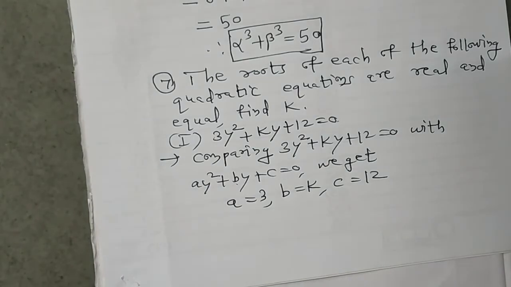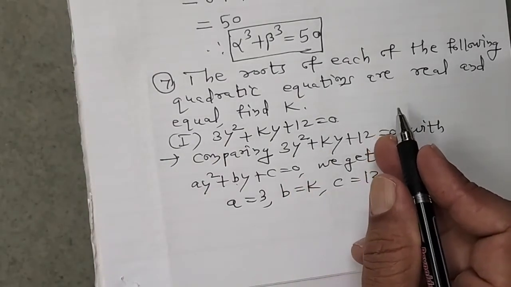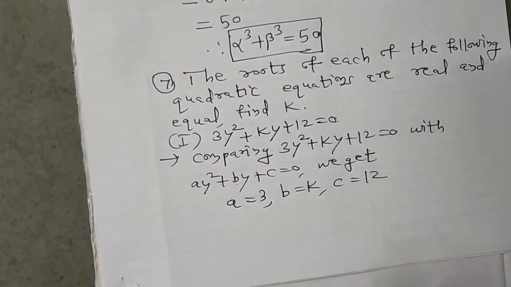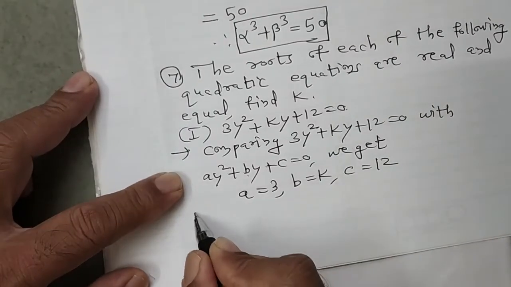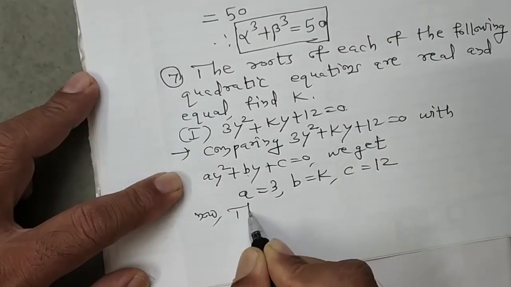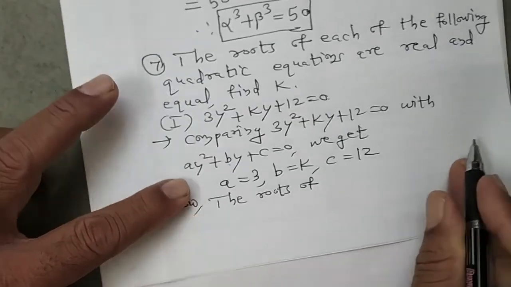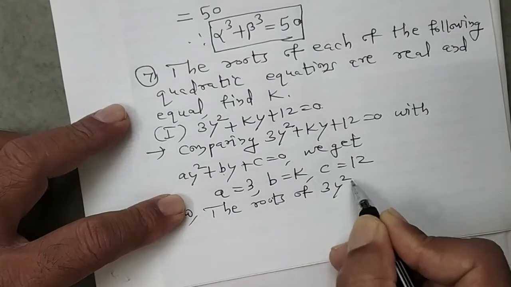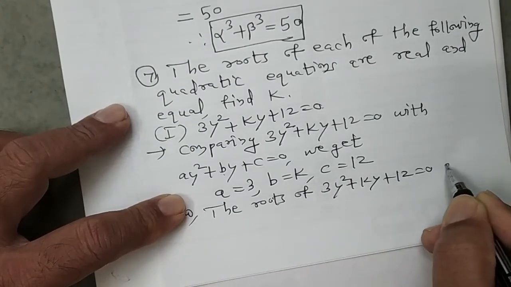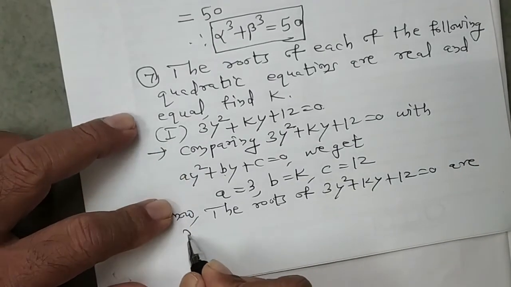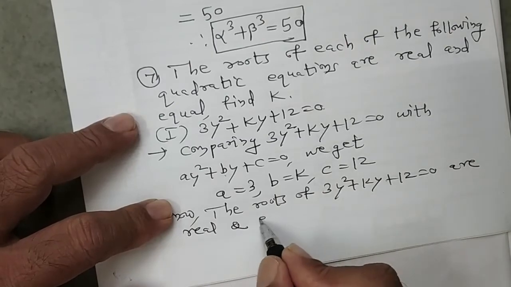Now write down the given condition: the roots of the given quadratic equation 3y square plus ky plus 12 equal to 0 are real and equal.